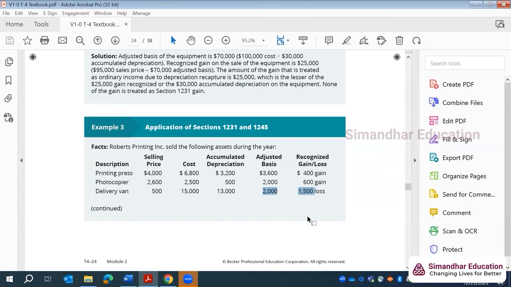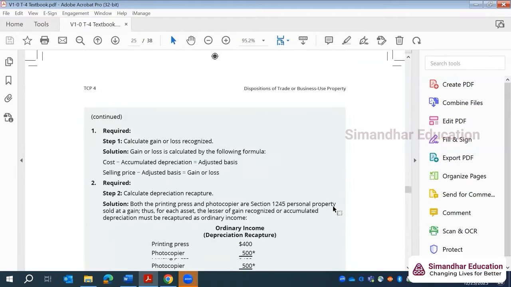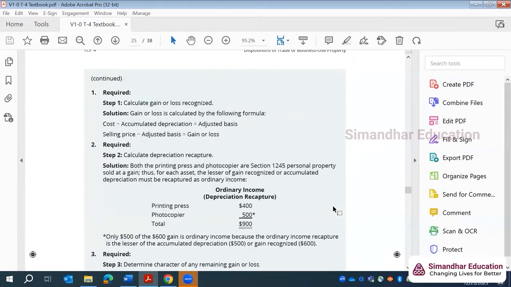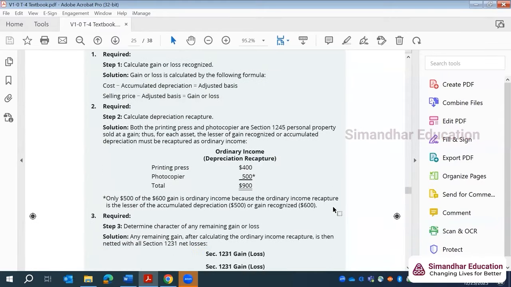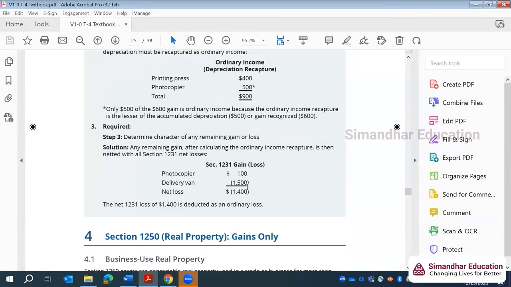Now, the next very important thing that we need to understand is that we need to net the section 1231 gains with section 1231 losses. Okay. So how much is my section 1231 gain? It is $100. How much is my section 1231 loss? It is $1,500.